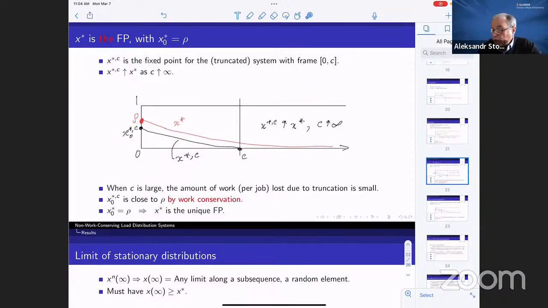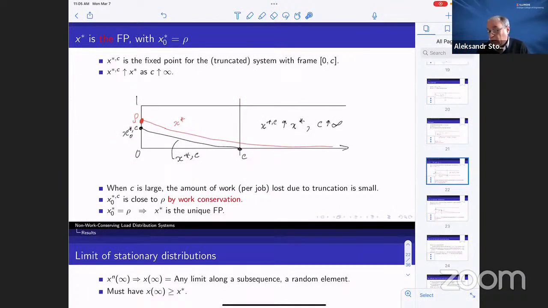And when C is large enough, you can see that this thing has to be close to our fixed point, by work conservation, because if C is large enough, you can show that the amount of work which will be lost due to clipping at this level is small. Okay.